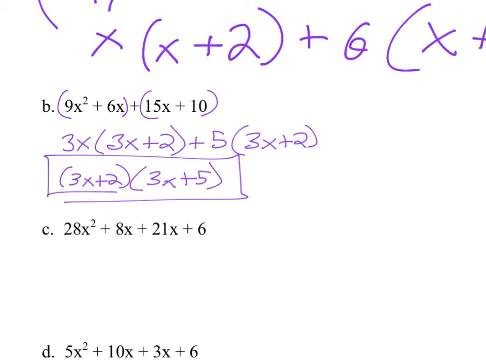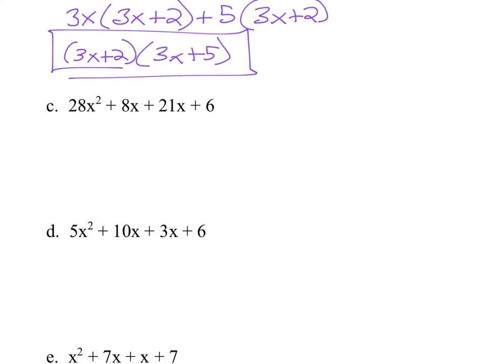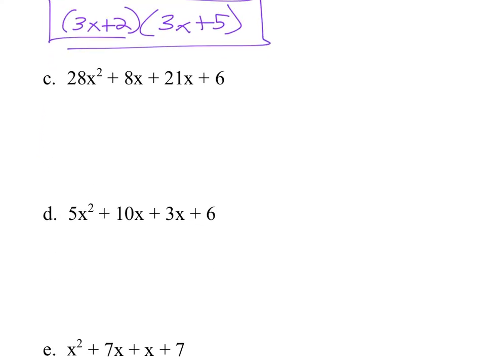Now again, you can check this. Don't simplify, and you'll get the exact same thing as B. Okay, 28x squared and 8x. Well, they both have a 4. Actually, they both have a 4x.